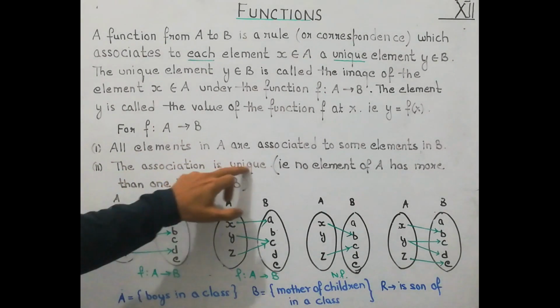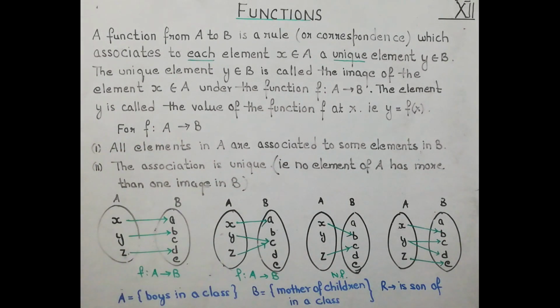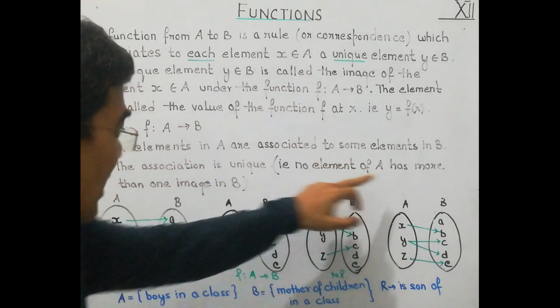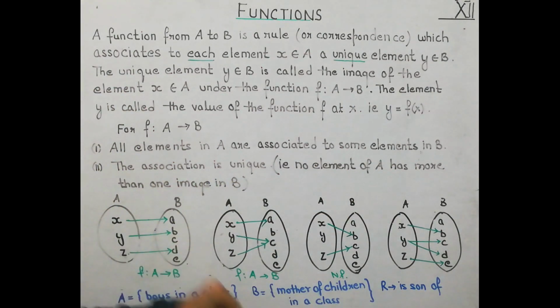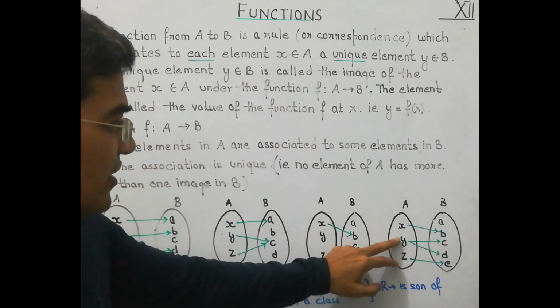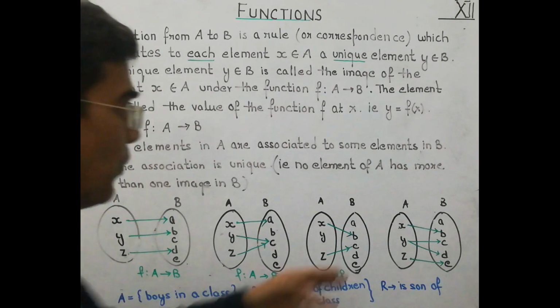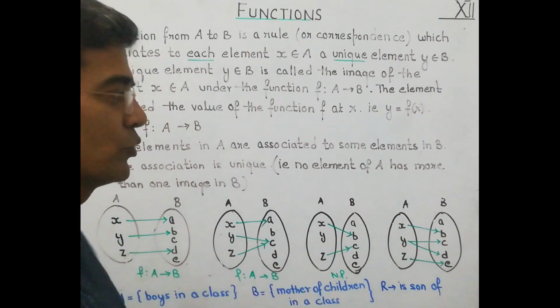The association is unique, that is, no element of A has more than one image. Here you can see Y is having two images, which is not possible. It is not a unique image. Practically, if you think, can a boy named Y have two mothers? Not possible. Y cannot be called the son of two mothers.